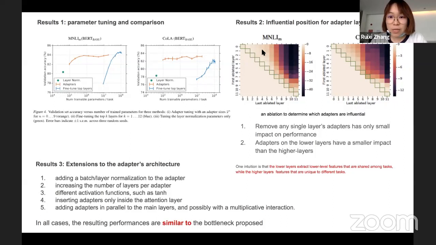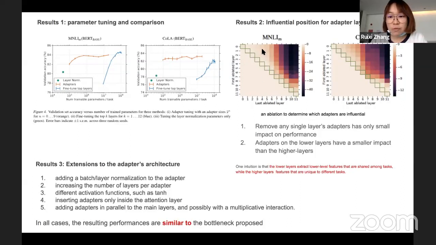For the cell where the first ablated layer is 1 and the last ablated layer is 4, the result shows how the performance changes if we remove the layers from the first to the fourth one.